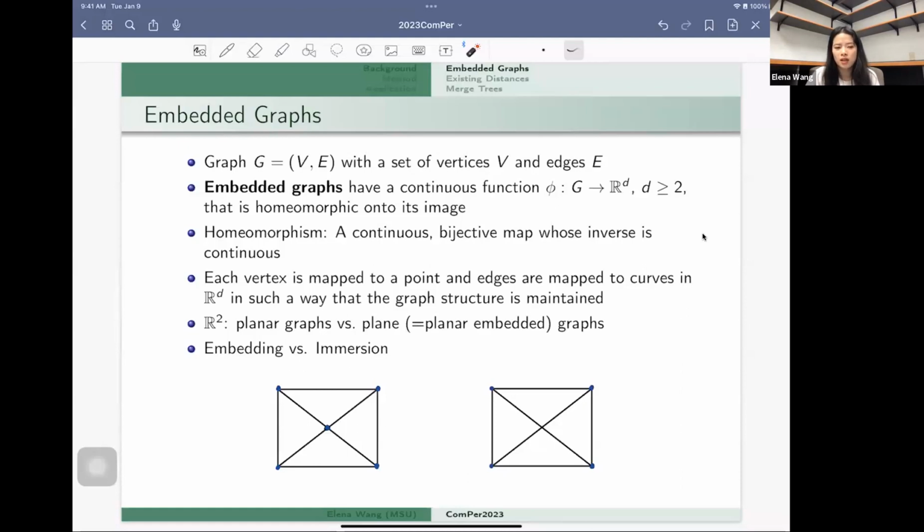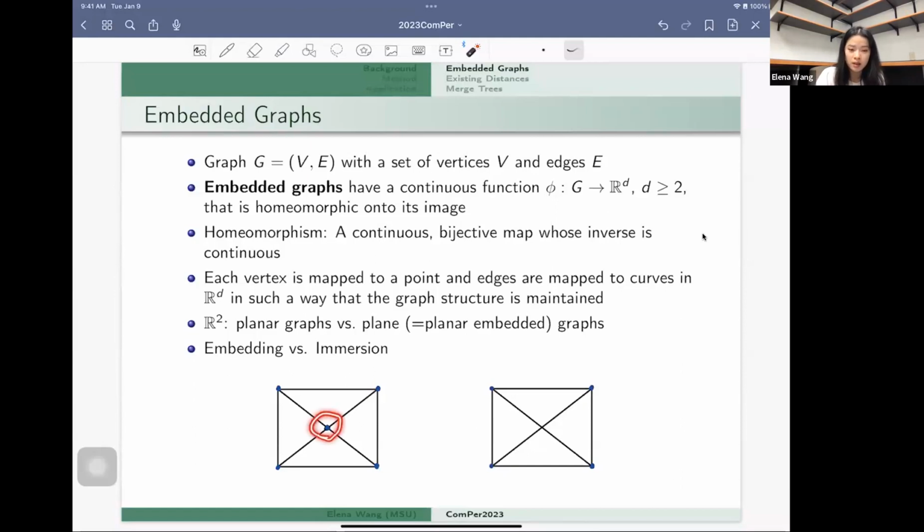In the remainder of my talk, we'll be focusing on graphs embedded in R^2, that are plane graphs. Now it's important to point out the difference between an embedding and an immersion. In an embedding, which is the set of graphs that we're considering, every edge crossing is a vertex.